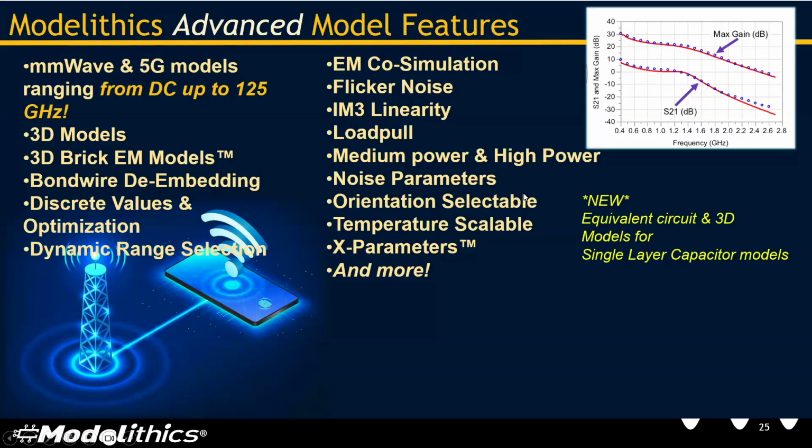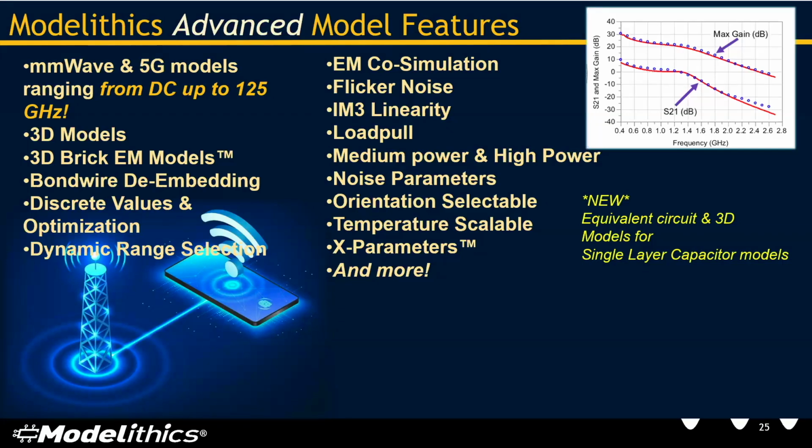Let's talk about some more features of these models. We spoke about some of them. We spoke about the 3D models. Discrete optimization is another useful feature that allows the designer to adjust the component values to the optimal real-life manufacturer part values. You can actually read more about this in application note 66 that I had mentioned before, that explains the whole process of discrete optimization.